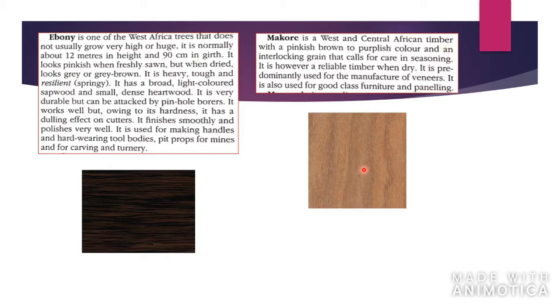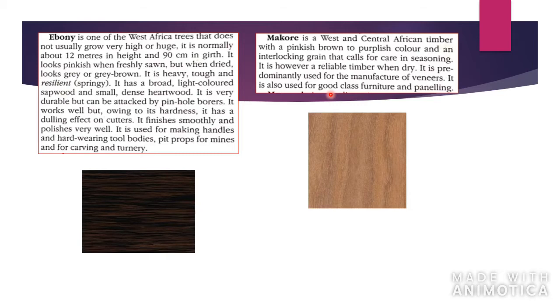Okay, so the poured woods are known as hardwoods, and the non-poured woods are known as softwoods. If you remember anything today, I want you to know that. Okay, all right, the difference between the hardwoods and the softwoods. It is also used for good class furniture and paneling. Okay, so good class meaning high class, meaning that it would look like quality when you build it.